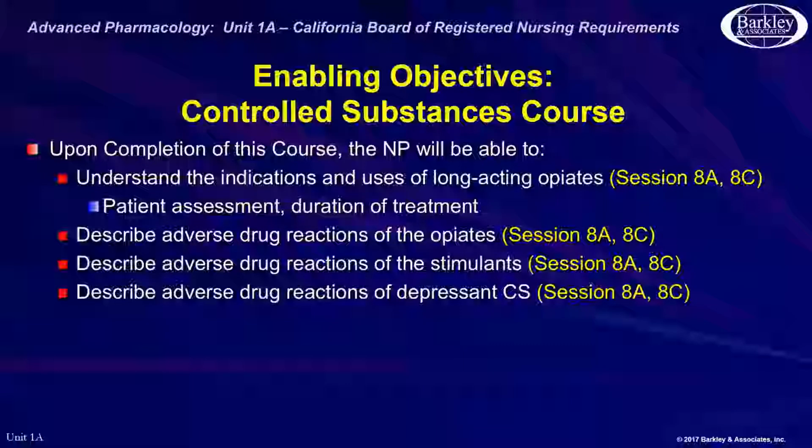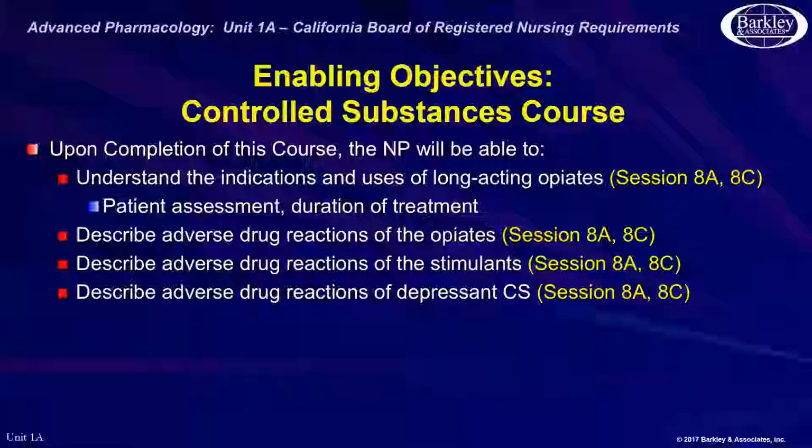Other enabling objectives that will be covered and which the nurse practitioner will understand upon completing this course will be understanding of indications and uses of long-acting opiates. These will be covered both in the introduction module in 8A and also in Module 8C, which is implications of prescribing controlled substances.